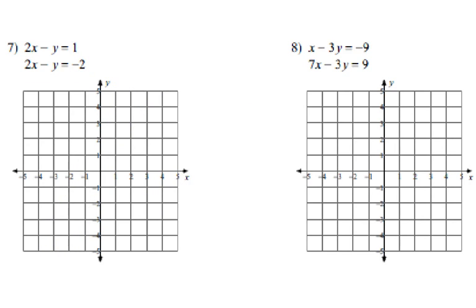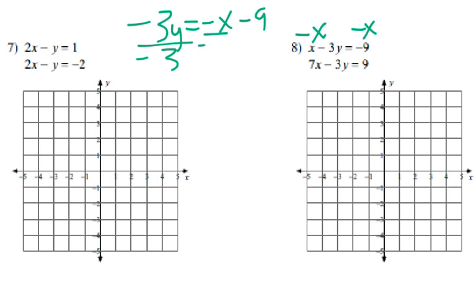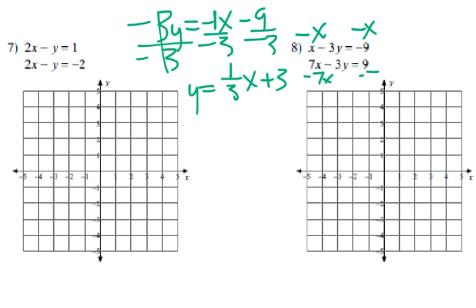So in this one, subtract x from both sides, we get negative 3y equals negative x minus 9 divided by negative 3. And we can think of that as 1. So it would be y equals positive 1/3 x plus 3. Then for the second one, you'd subtract 7x from both sides to get negative 3y equals negative 7x plus 9. Divide by negative 3.